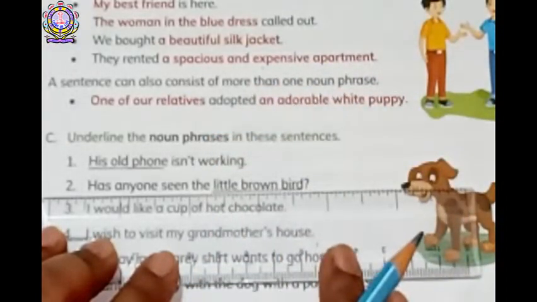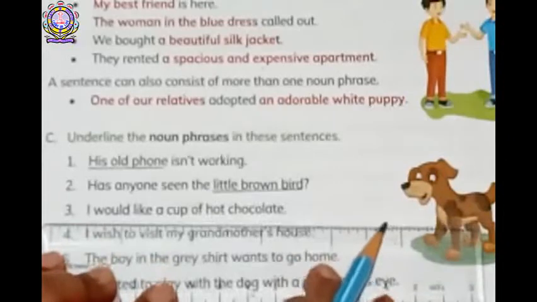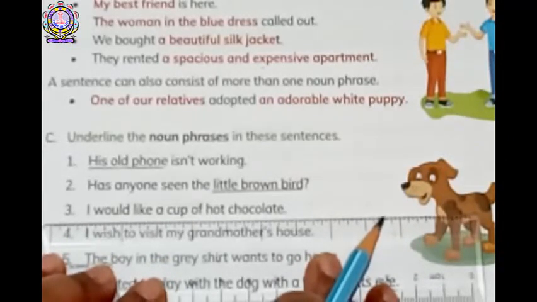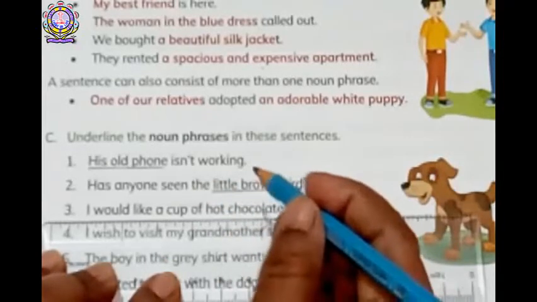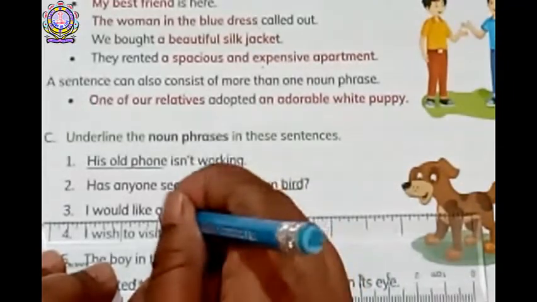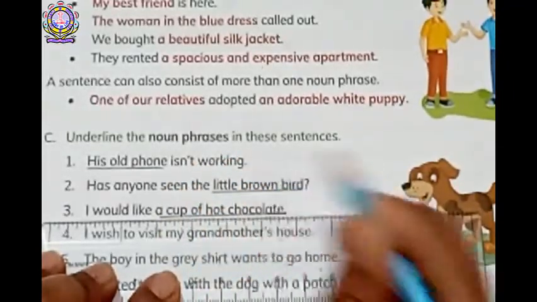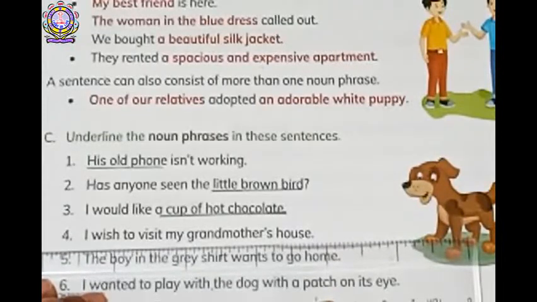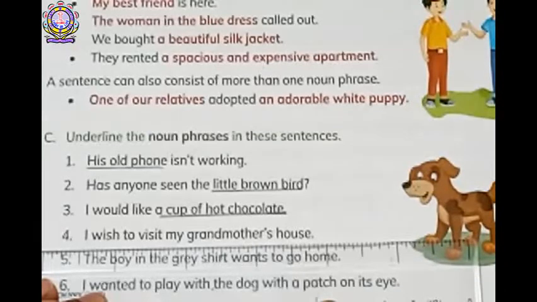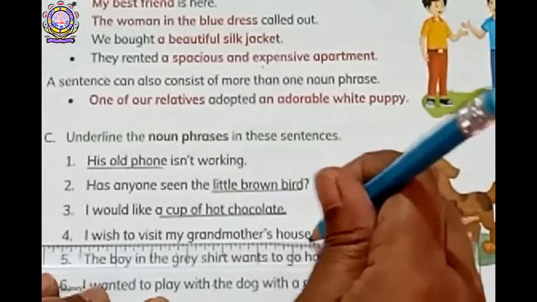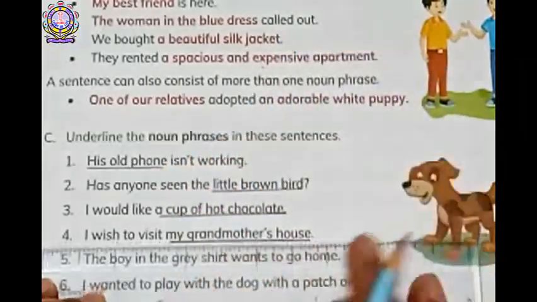Okay, I would like a cup of hot chocolate. So noun phrase is, noun is chocolate, so a cup of hot chocolate. Okay, next, I wish to visit my grandmother's house. So pronoun is my and grandmother, so my grandmother's house.